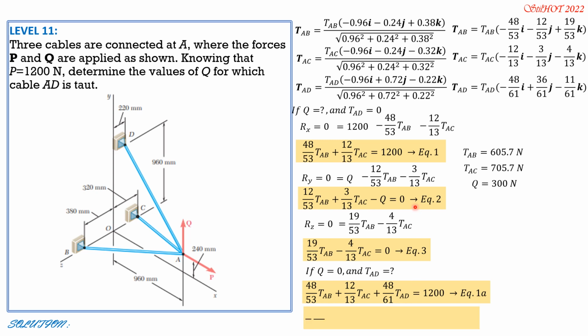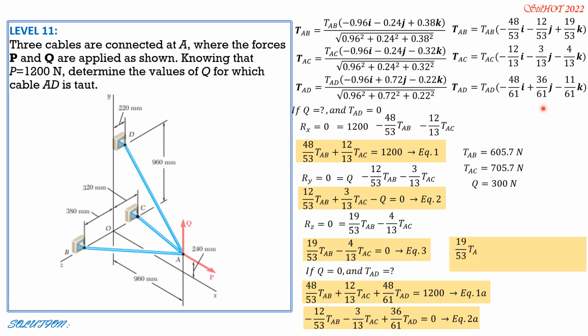Then equation 2 would become negative 12 over 53 tension AB, negative 3 over 13 tension AC, then positive 36 over 61 tension AD equals 0. That would become equation 2.